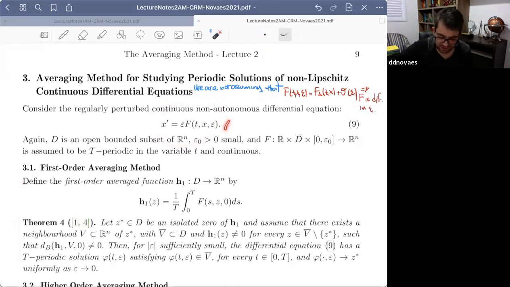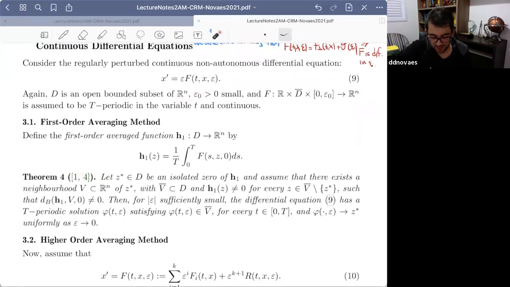Even in this case, I could compute the first order average of the right-hand side of the difference equation, just taking this function: h1 of z is equal to 1 divided by T times the integral between 0 and T of the right-hand side of our difference equation, f of s, z, 0.